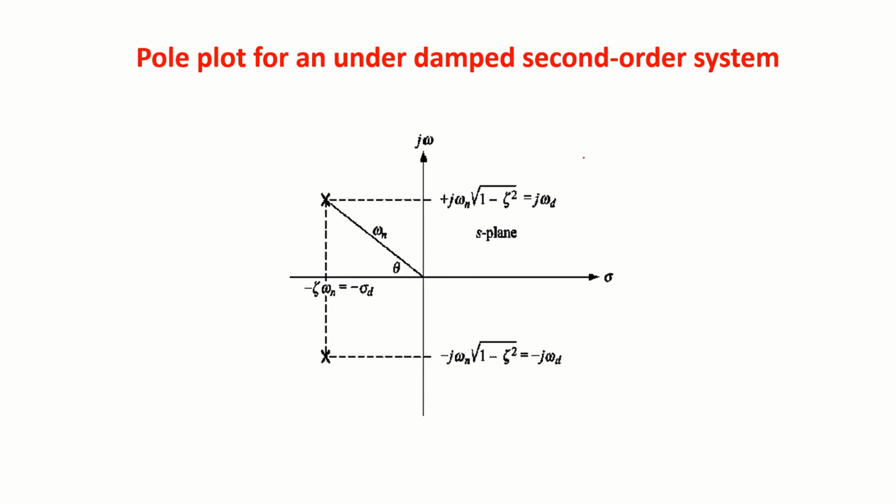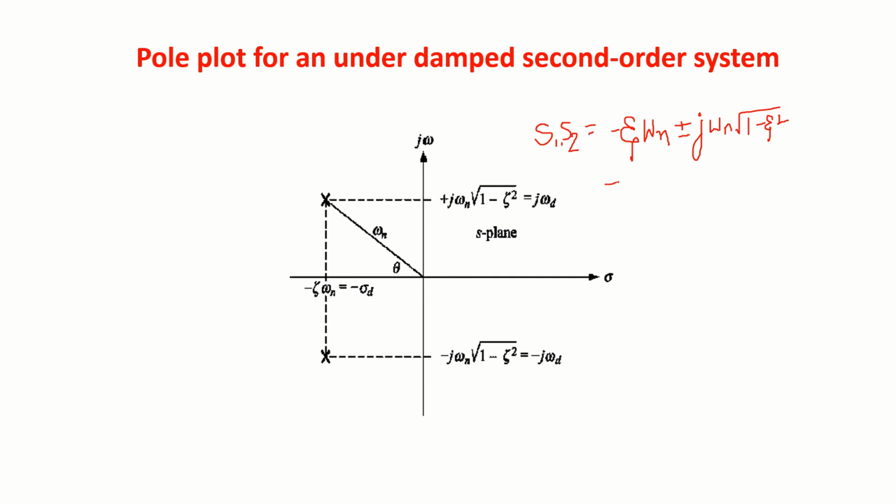You have seen this. For an underdamped case, S1, S2 is equal to minus zeta omega n plus or minus j omega n under root 1 minus zeta square.